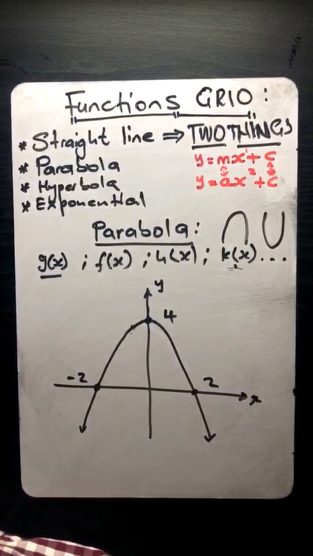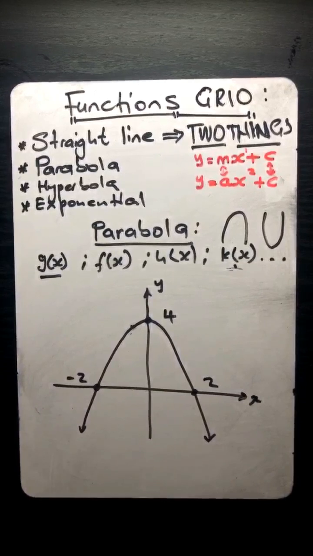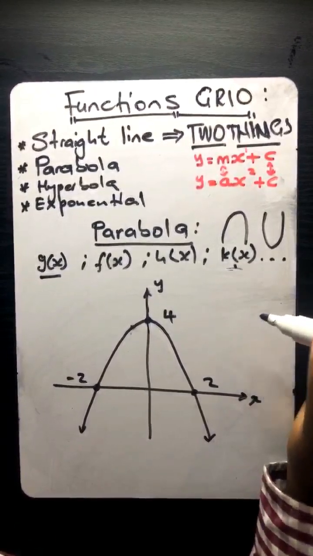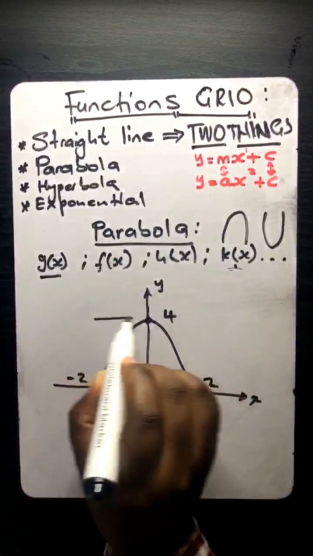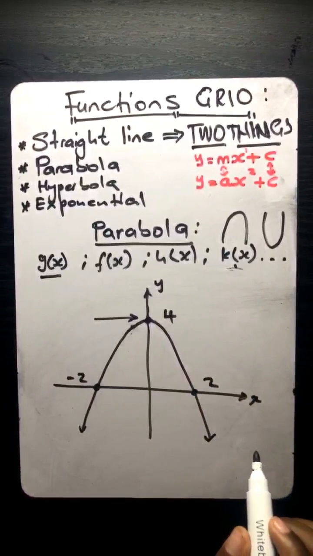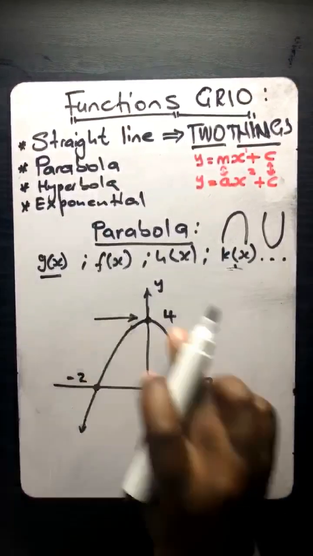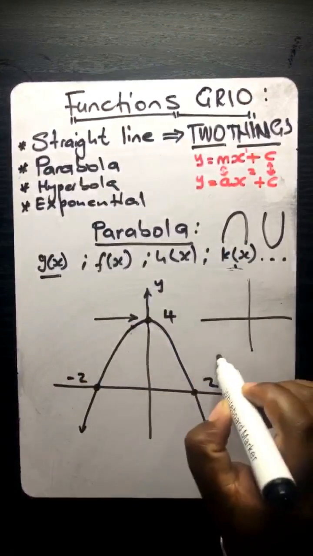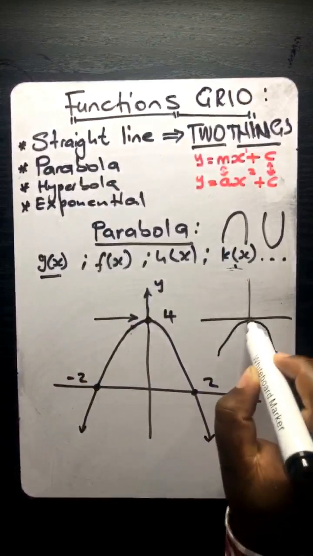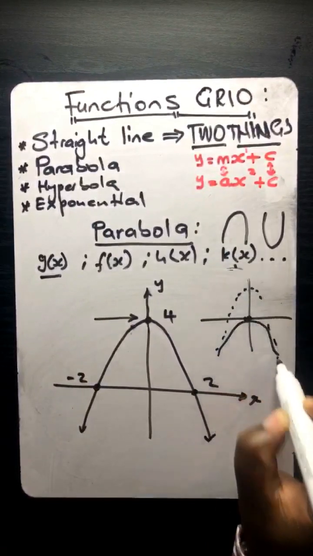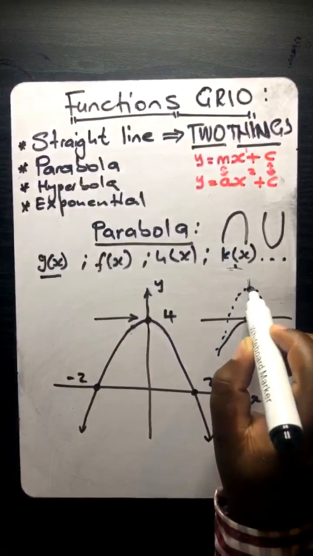Okay, maybe let's try to do that interpretation again. You see, this 4 is by how much this sad shape has shifted. On a Cartesian plane, it was making a U-turn at the origin, but now it has shifted upwards by 4 units.